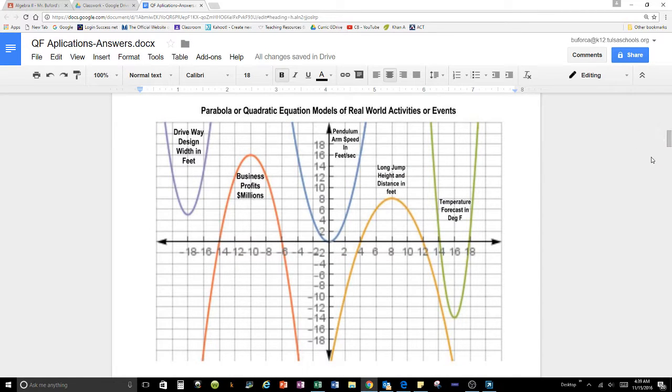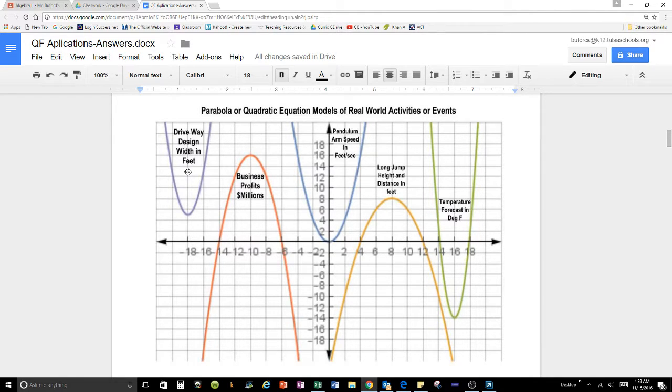And this is our first set of equations, parabolas. And remember, we have 5 different parabolas here. One represents the driveway design, business profits, the pendulum, long jump, and temperature forecast.